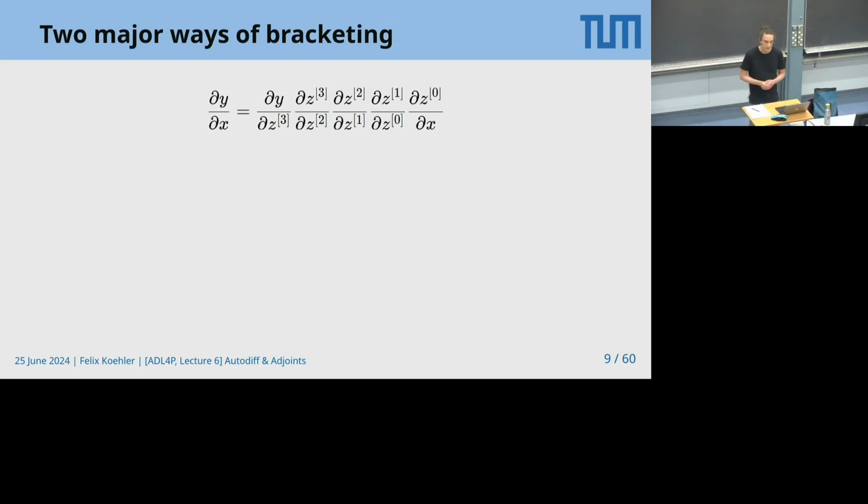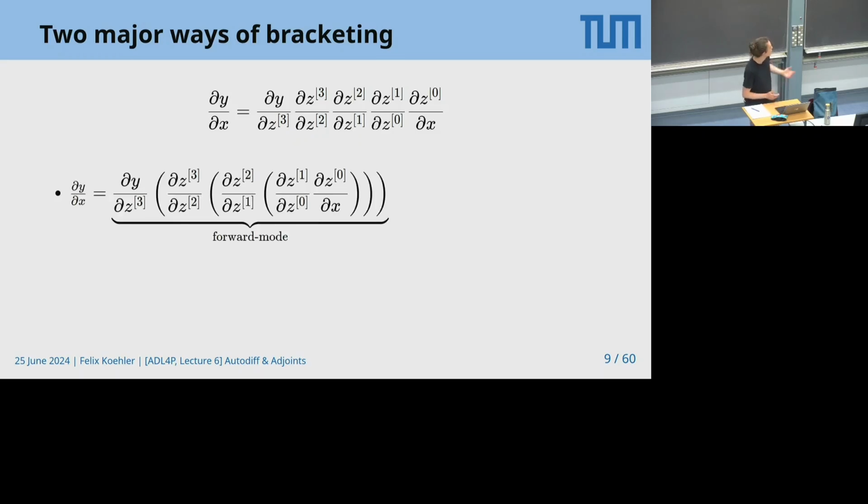And this gives rise to two ways of doing automatic differentiation. The most intuitive, I would say, is based on forward mode. So the idea here is that multiplication, at least in infinite precision, is associative, so you can use any kind of bracketing. And one possible way of bracketing is to multiply the derivatives in the same order as you execute your original compute graph.